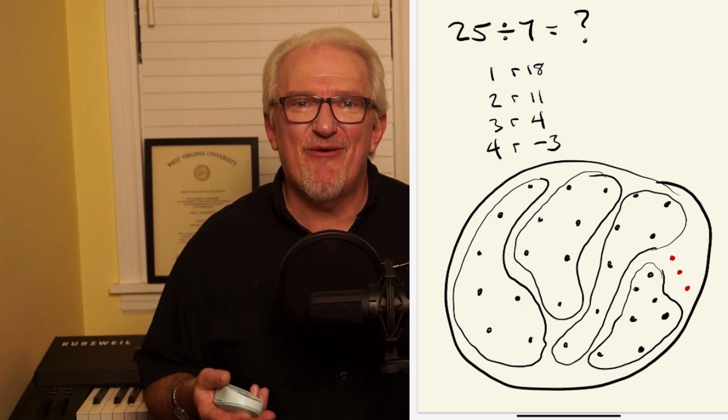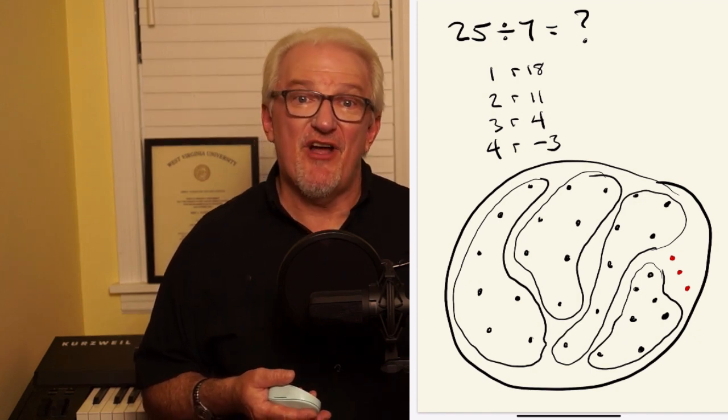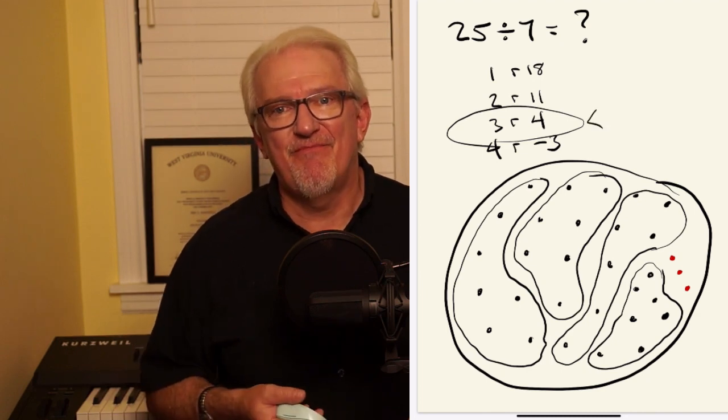And the solutions with large remainders just don't feel right, since we can continue finding more groups in a natural way. It is generally agreed that the most natural solution to 25 divided by 7 is the one for which the remainder is non-negative and also less than 7.